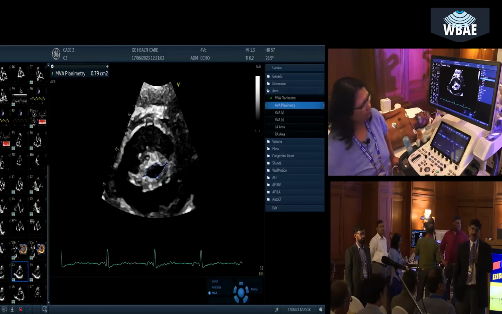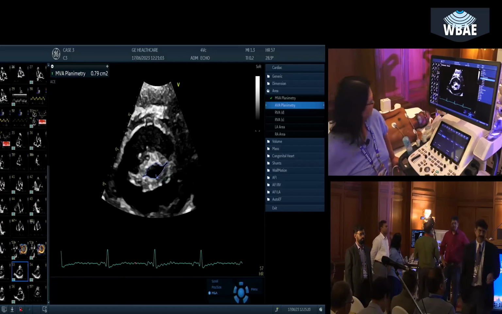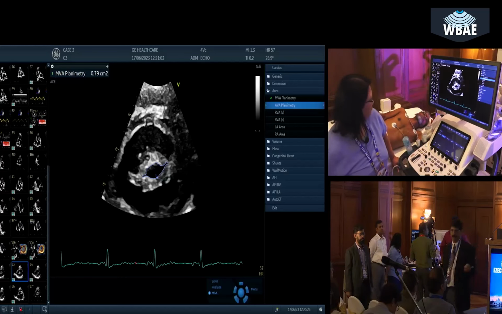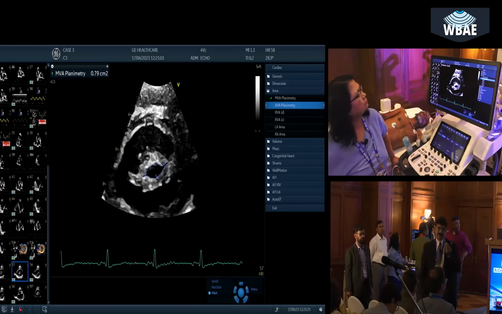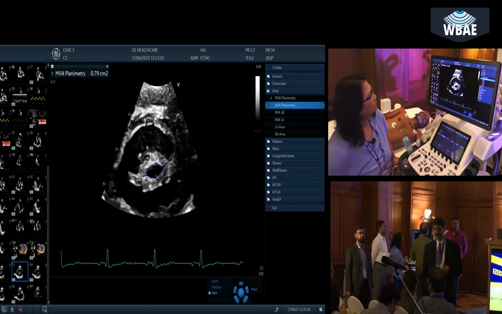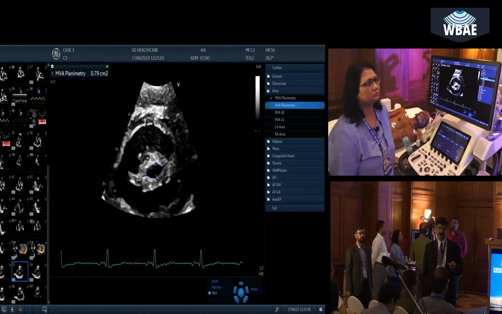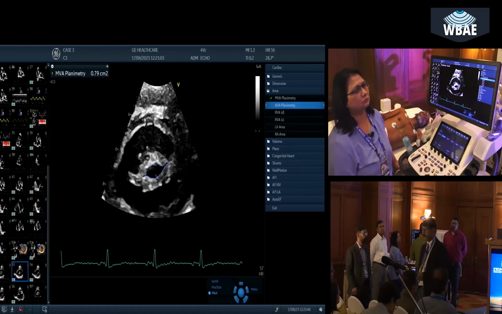I think that is an absolutely gray zone. PA pressure rising, you can use it as one of the factors, but don't rely totally on it. We try to use any number more for support rather than as a guide.